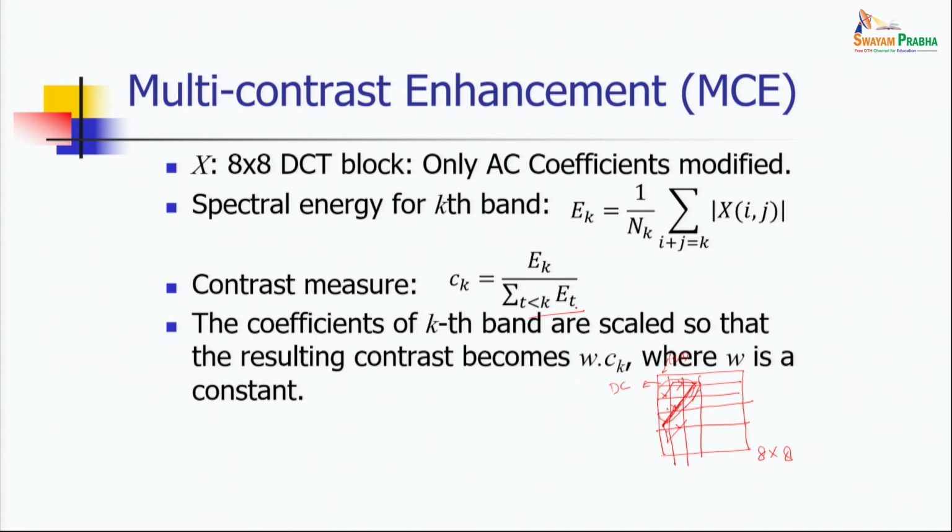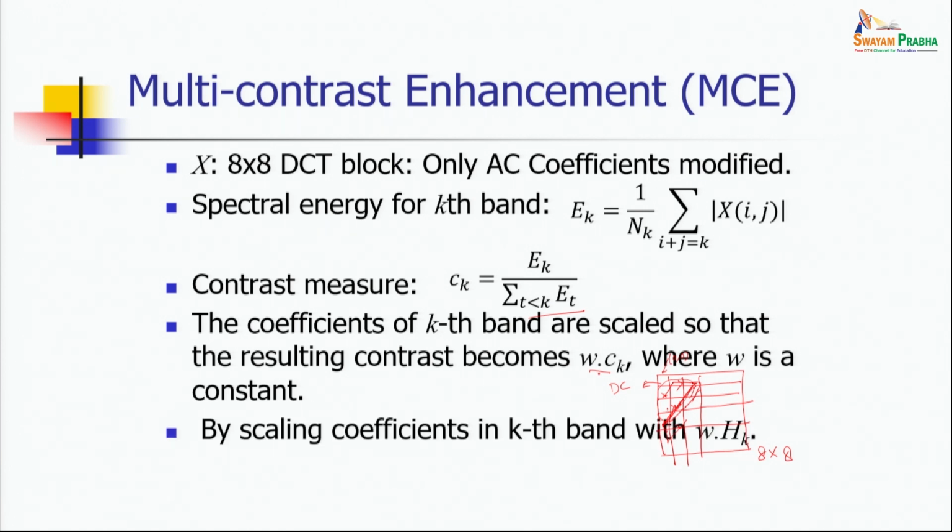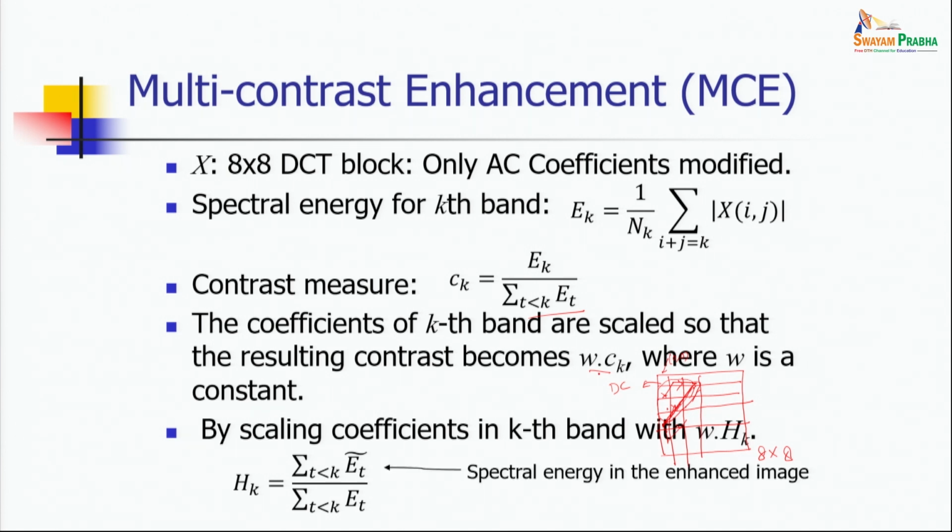So here the intuition is that we can scale the coefficients in such a way that for each band there would be some kind of enhancement of this contrast measure with a weight, and there is a policy by which these coefficients could be modified, and you can perform these operations.